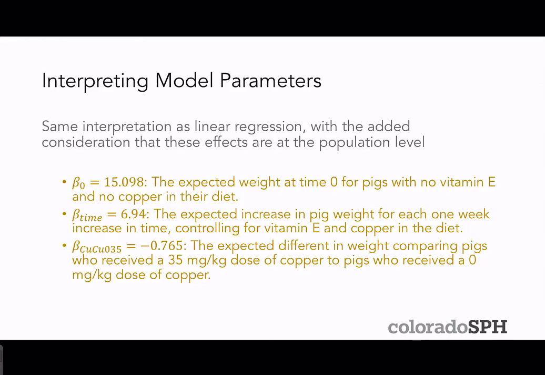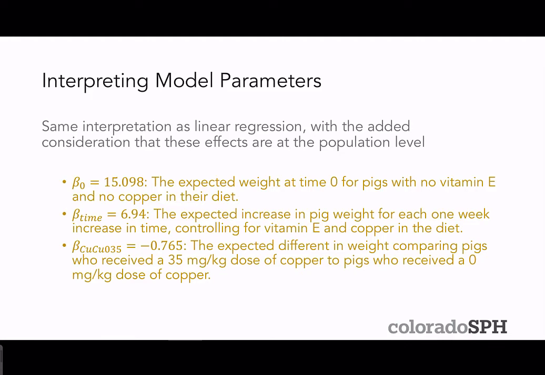So how do we interpret parameters in this model? Well, one of the nice things about GEEs is that the interpretations are really the same as the cross-sectional GLM model, with the added consideration that these effects are at the population level. So in this case, we have the same interpretation as linear regression. Here, beta 0 is the intercept, which is 15.098, and this is the expected weight at time 0 for pigs with no vitamin E and no copper in their diet.